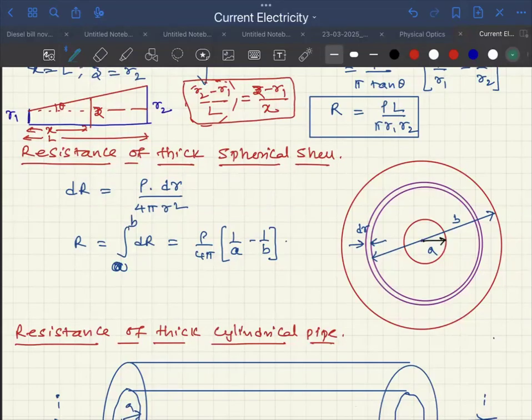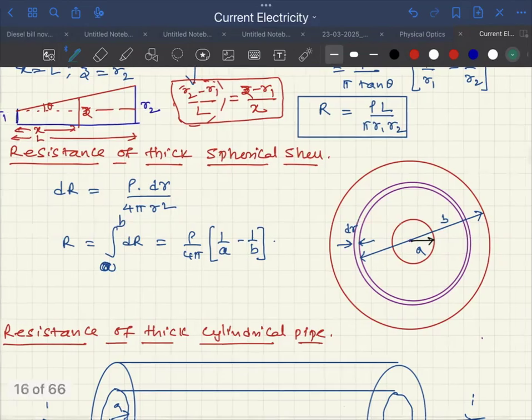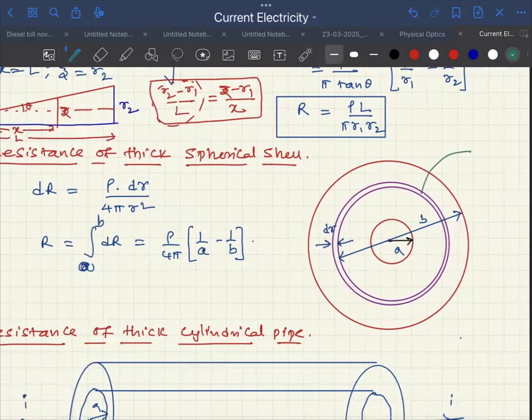That is how current flows. Let us work on the resistance of this. Obviously, by this time you have understood. We will take one thin shell, one such thin shell.